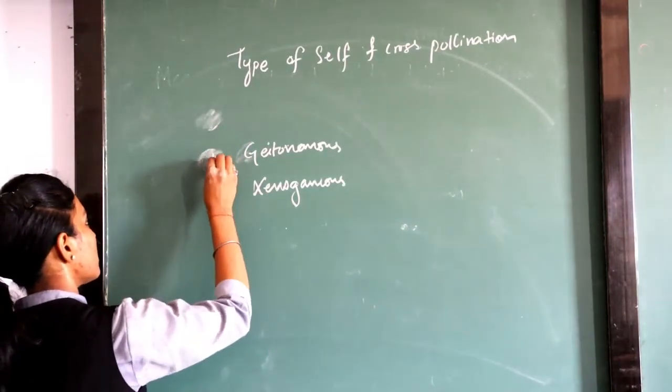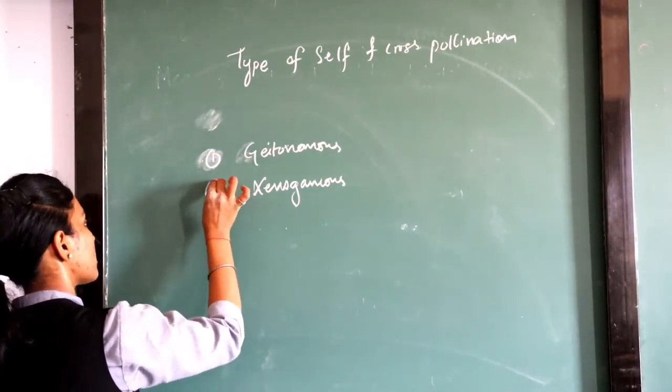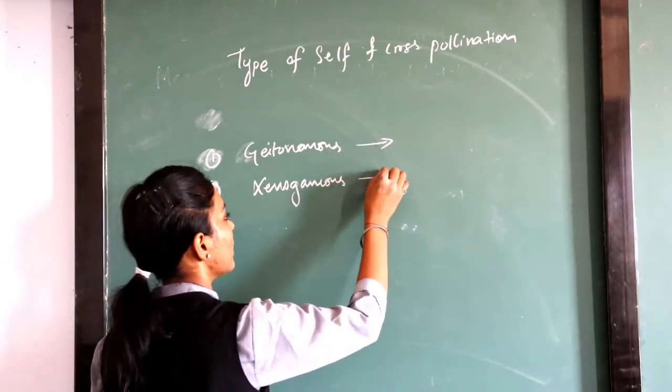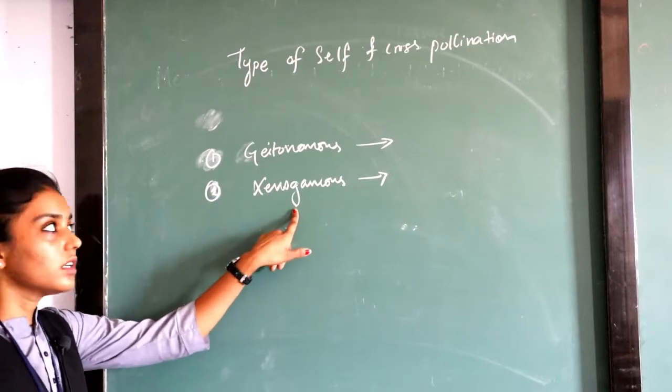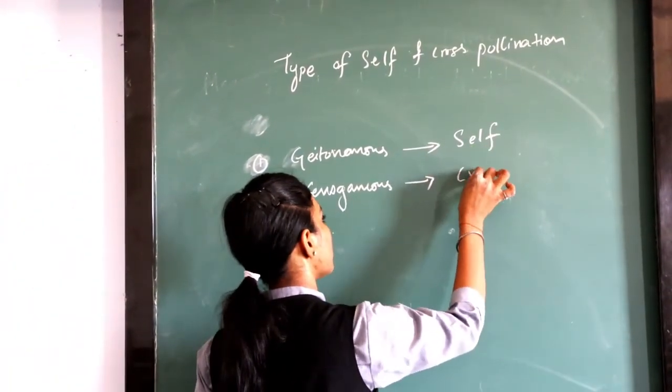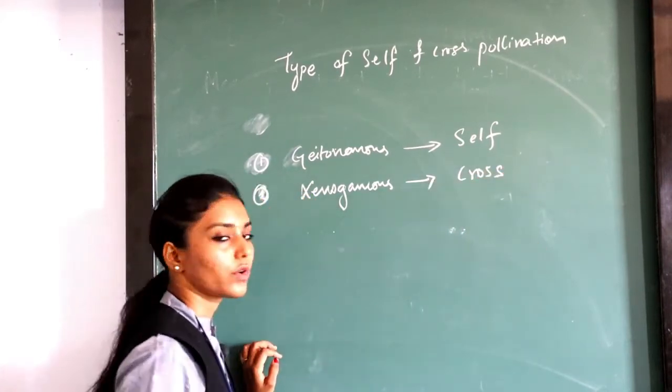We'll see first xenogamous and this. Now, this xenogamous has pollination with self, and the other is pollination with cross.